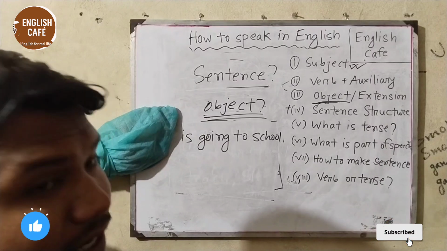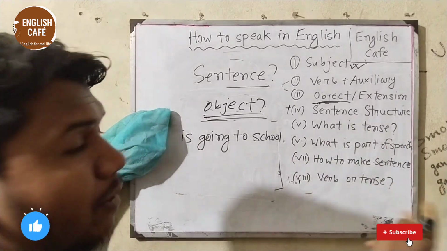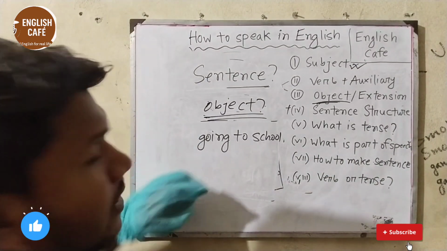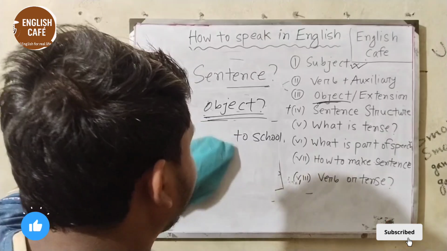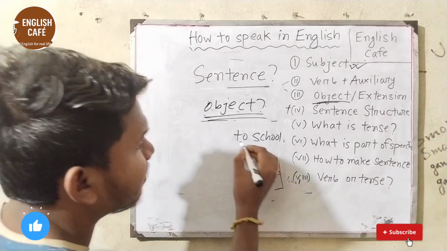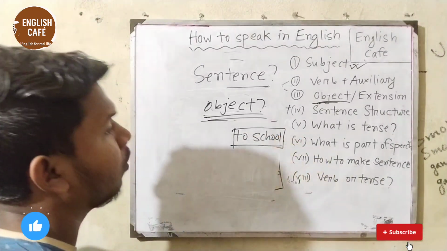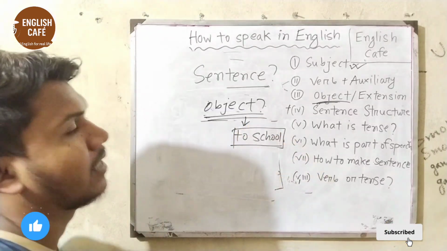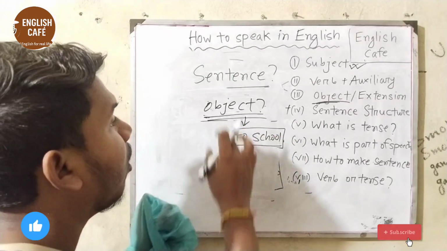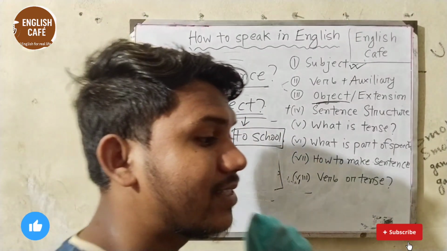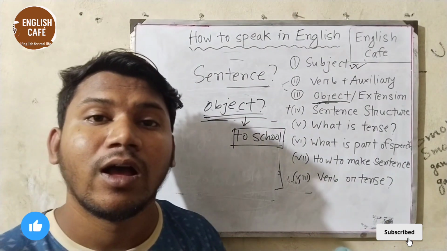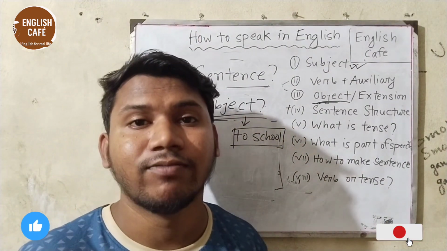Then "is" is also a verb, we'll discuss it later, and "going" is also a verb. We'll delete it from this sentence. Then the rest is "to school." So "to school" is the object in this sentence. So an object is defined as the rest of the sentence except the subject and verb.